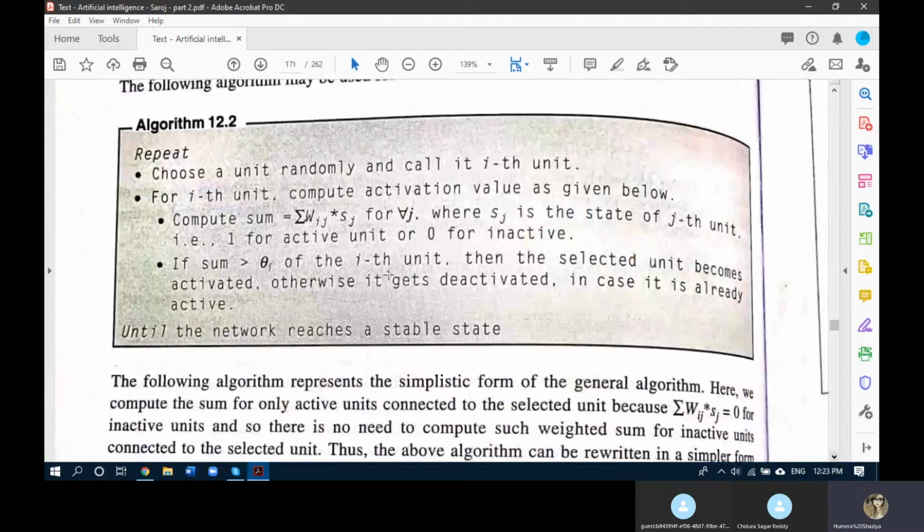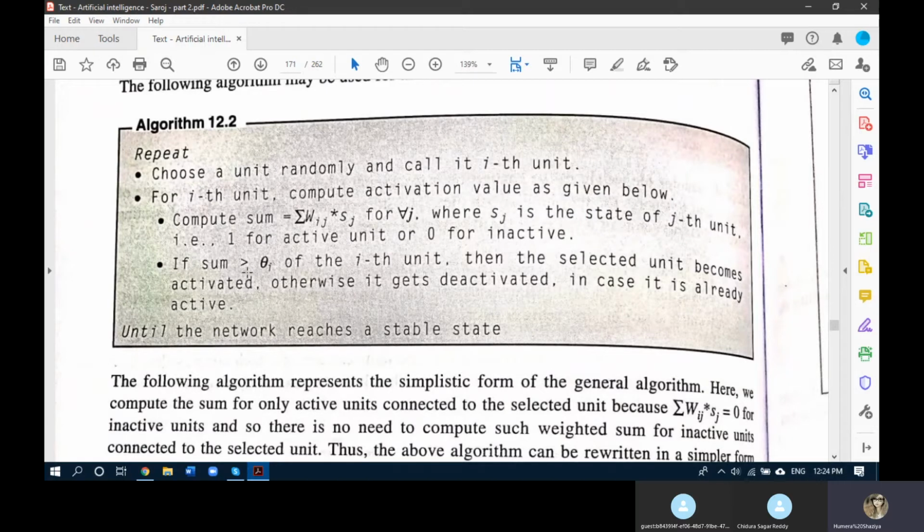For ith unit, compute activation value as given below. How is it computed? Weight value between i and j is multiplied with the state of j, and then for every j this process continues, and finally summation is obtained for all the j values.